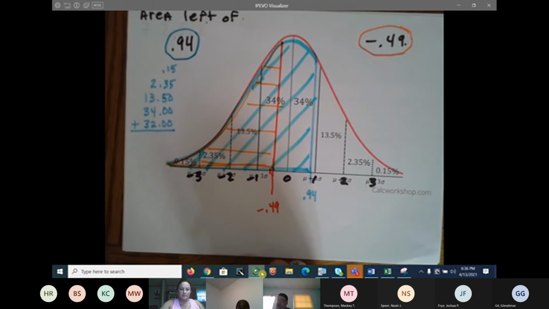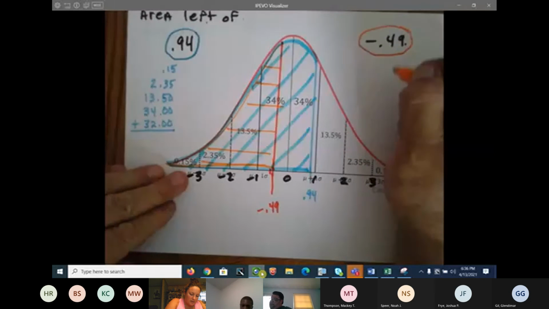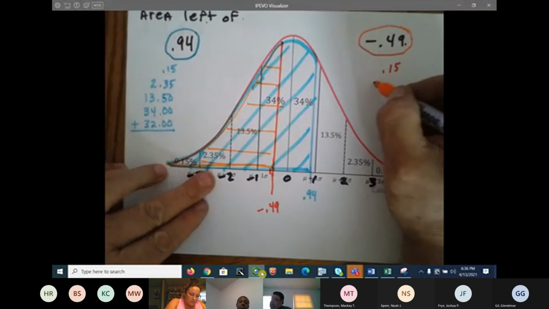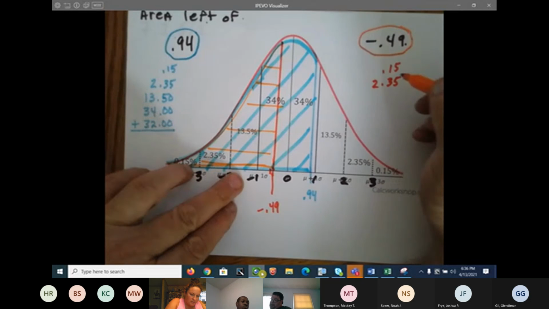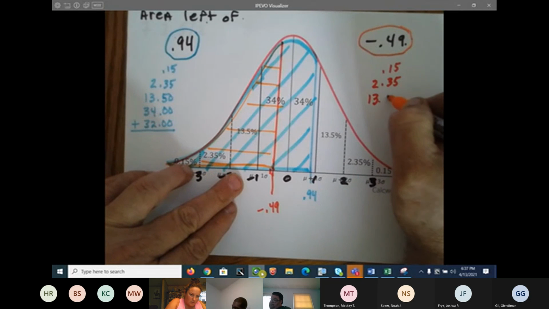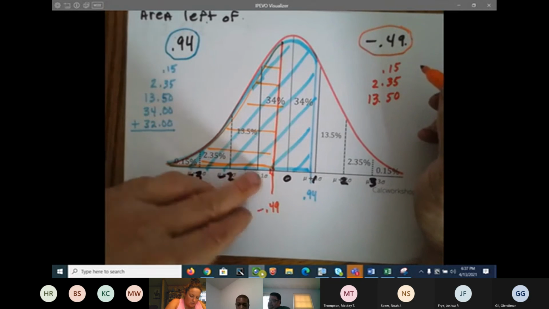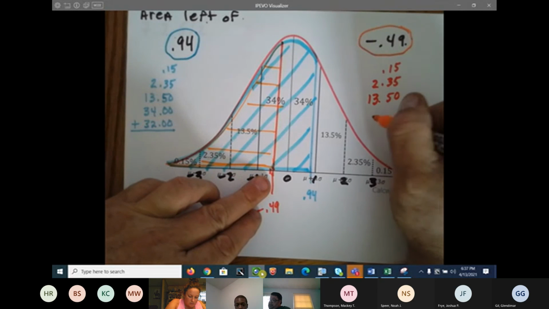All right. So let me go ahead and do the empirical rule for the other side. Okay, 0.15, 2.35, 13.5, and half of 17. Well, I'm going to say 18. I think I messed up.